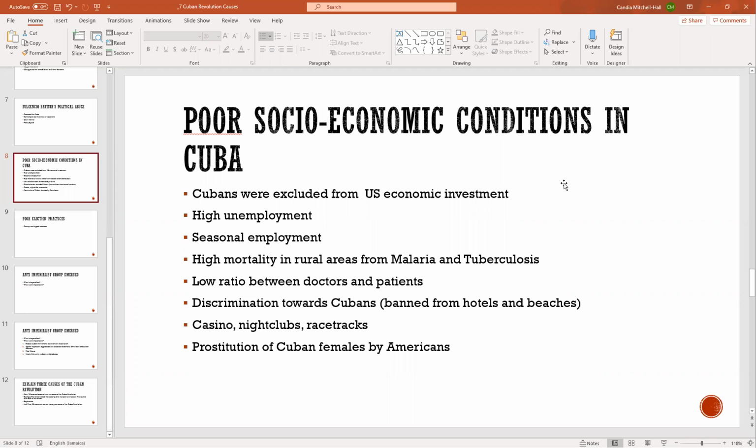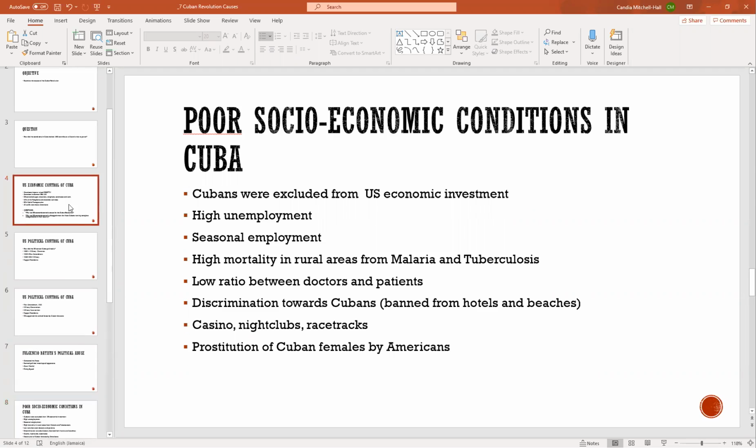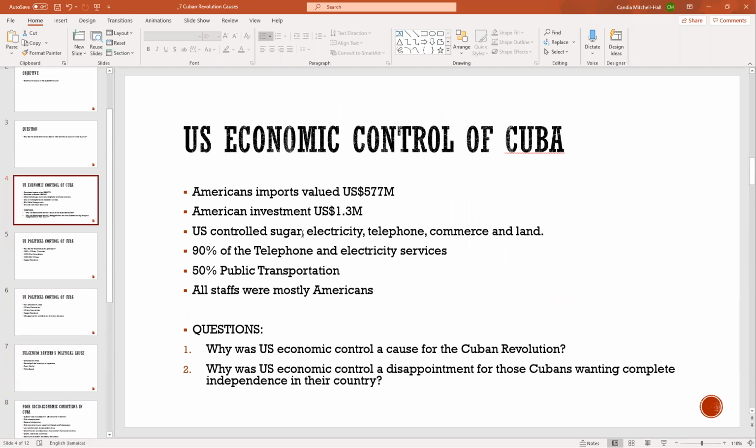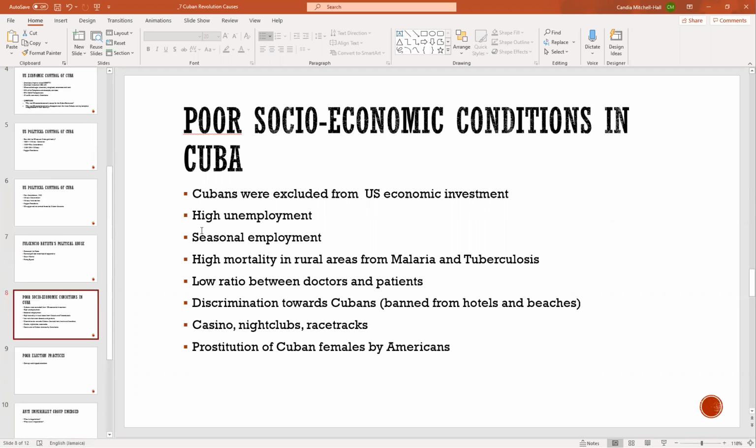Poor socioeconomic conditions in Cuba. So despite all the investment that the Americans had there and all of the control that they had, the conditions in Cuba remained poor. One, so they were still unemployed. Ironically, yes.